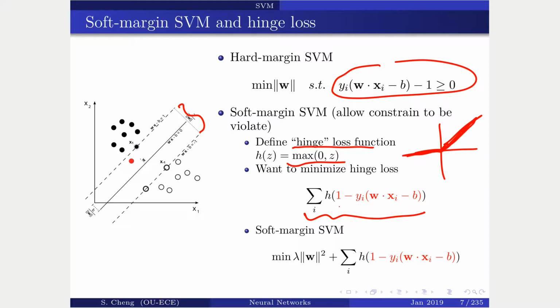If this is negative, then I don't care, it's really good, because that means the constraint is satisfied, right?